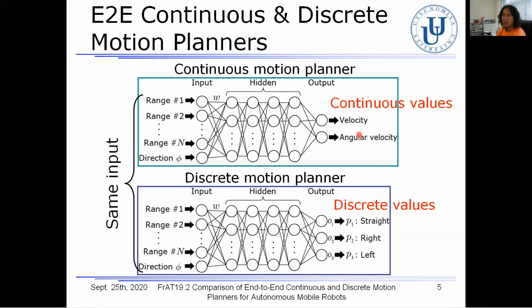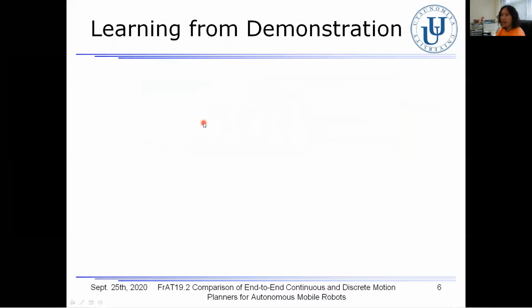These deep neural networks used in the two motion planners are enhanced through the supervised learning. For this purpose, we adopt a learning from demonstration approach. For this approach, we have so far developed this kind of a teaching system.